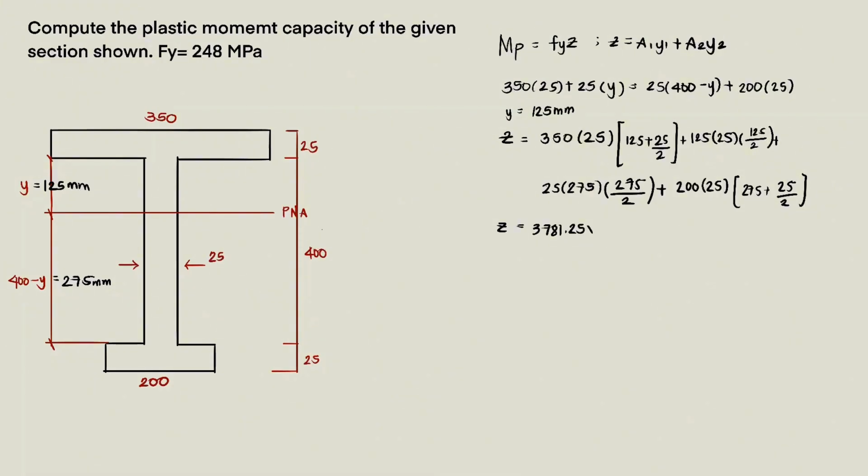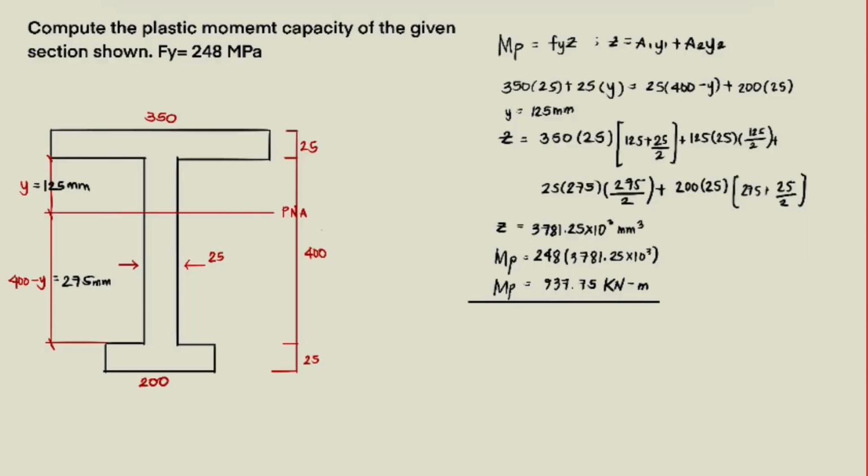So for the bottom, we have a thickness of 25 multiplied by 275 over 2, plus the one at the base at the bottom, 200 by 25, multiplied by 275 plus half of 25. So the value of Z is now equal to 3781.25 times 10 raised to 3 cubic millimeter.